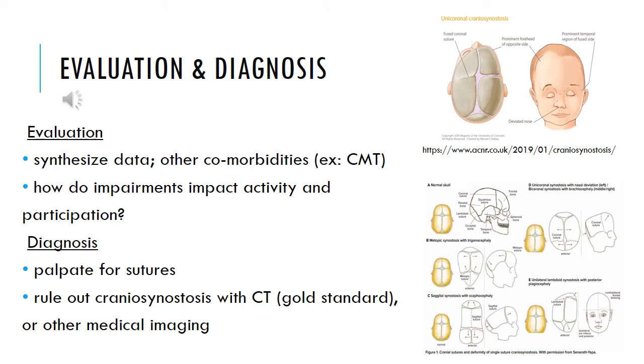In addition to classifying the child based on level of severity, part of the evaluation process is examining the impact of other comorbidities on the child's presentation. Most commonly, that would be the torticollis that we've previously discussed. You're going to generate a needs and a strengths list and really think about how those underlying impairments are currently impacting that child's activity and participation level, as well as how it could go on to impact these areas of the ICF if intervention was not provided.